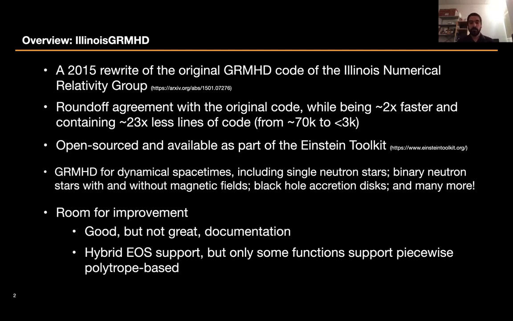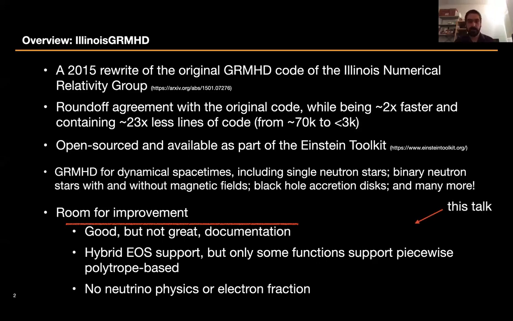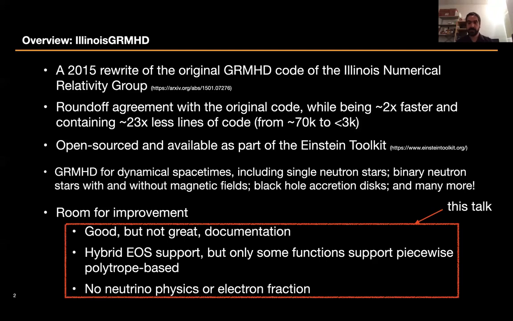And while most of the functions in there were ready for piecewise polytrope-based EOSs, not all of them were, and it was also lacking all the low-level infrastructure to handle those equations of state. And it has no neutrino physics or electron fraction available. So the talk that I'm going to be giving today will focus greatly on these three topics and our progress towards them.